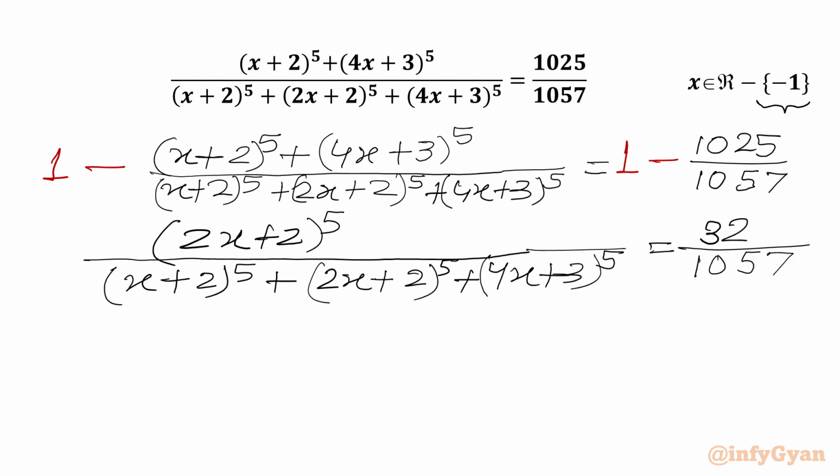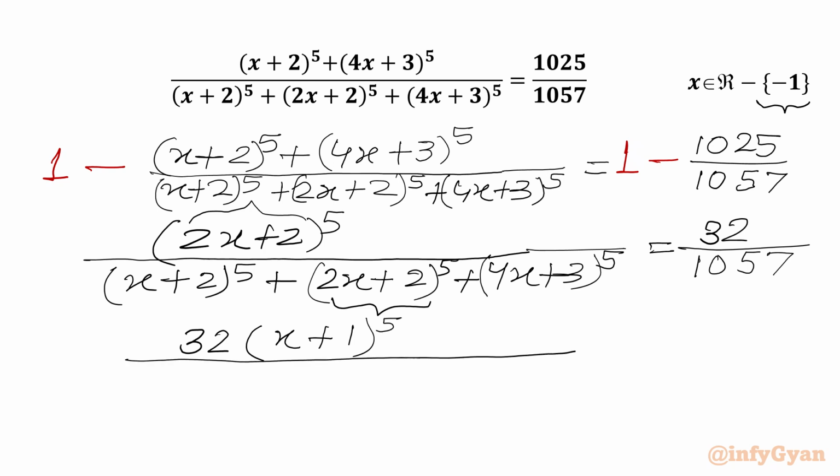Now we can see 2 is common from this bracket and 2 is also common from this bracket. So it will come out as 2 power 5, which will be equal to 32. So let us write 32 times (x plus 1) whole power 5 over (x plus 2) whole power 5 plus, let me write (4x plus 3) first, whole power 5.